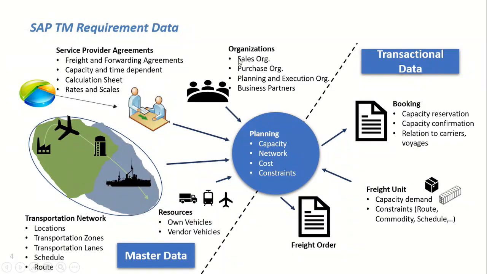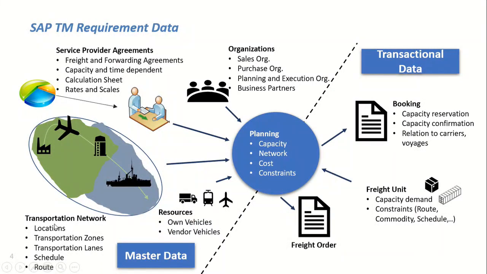Then organizations, sales or purchase, or business partners, all these are our master data. Similarly, resources, like I just mentioned, 20 feet truck, 32 feet truck, and if there are any containers, all these become our resources. And this major component, transportation network master, can be maintained.